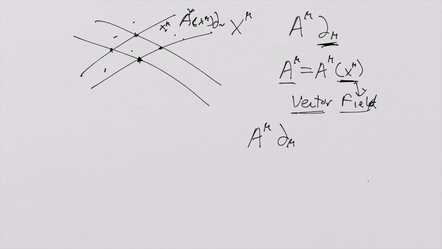And remember, these are dummy indices, so A nu of x mu del nu. Remember, you need this to contract with that. This x mu is just a label of a coordinate point. It's not even the same kind of index as in the other case. So this coordinate point is just the coordinate point of wherever you're interested in. But we leave it as a variable to say, hey, we're talking about one vector in every vector space.